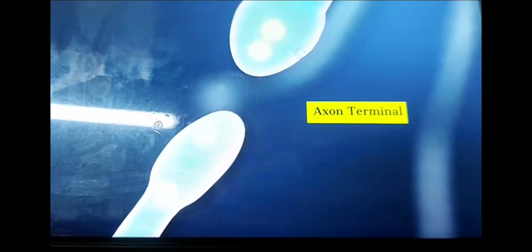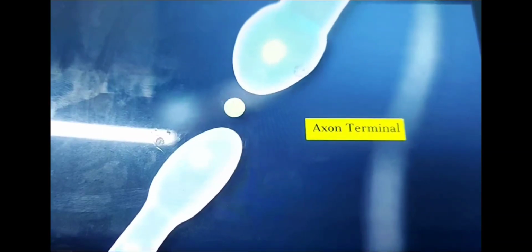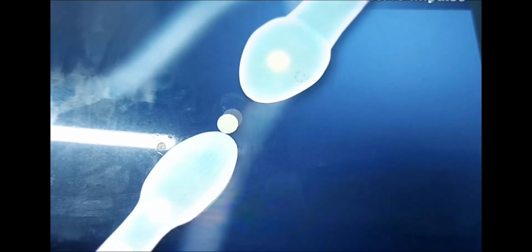A good example of a neurotransmitter is acetylcholine in humans. These neurotransmitters are released and either excite or inhibit the nearby neurons.